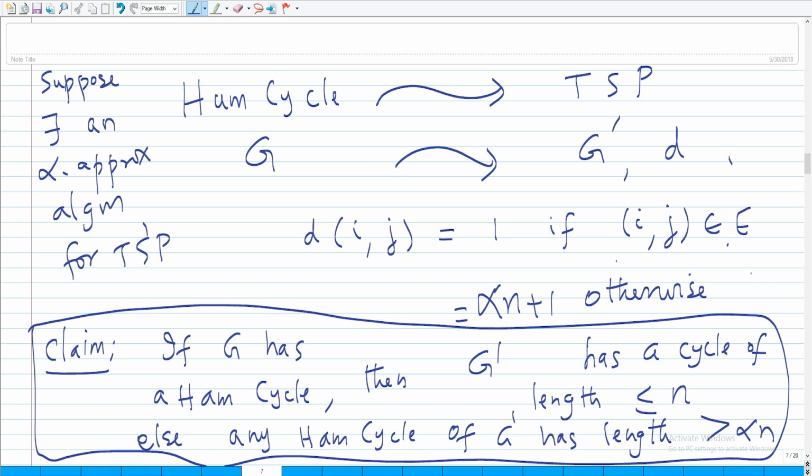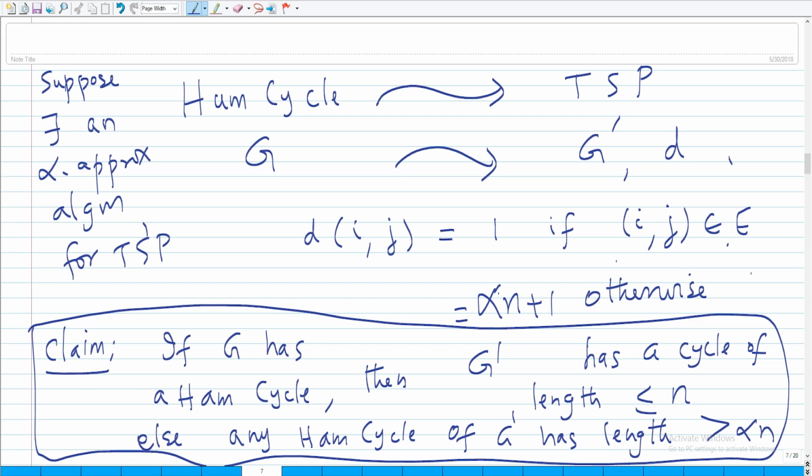So, the if and only if claim is slightly different here, but I have room to play around, where I have put a really large weight, so that even an approximation algorithm will actually produce a Hamiltonian cycle. If G has a Hamiltonian cycle, the approximation algorithm is forced to produce a Hamiltonian cycle, because its length has to be at most alpha n. There are no alpha n length cycles except the original Hamiltonian cycles.